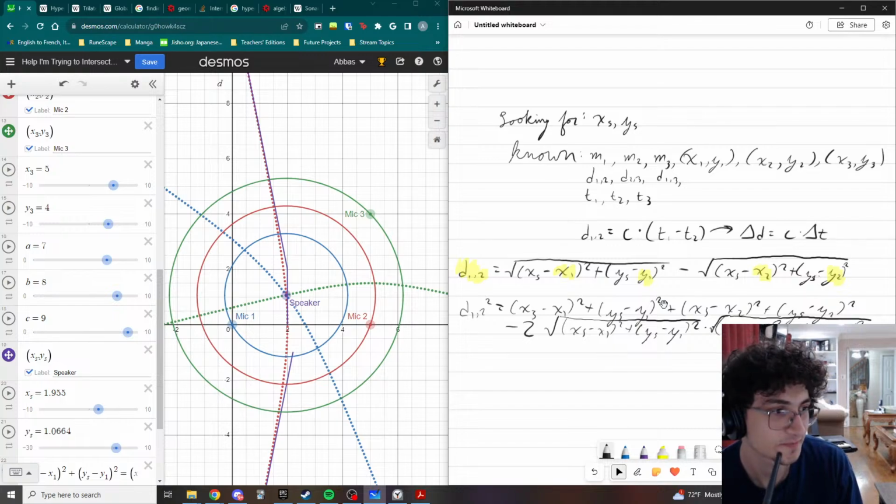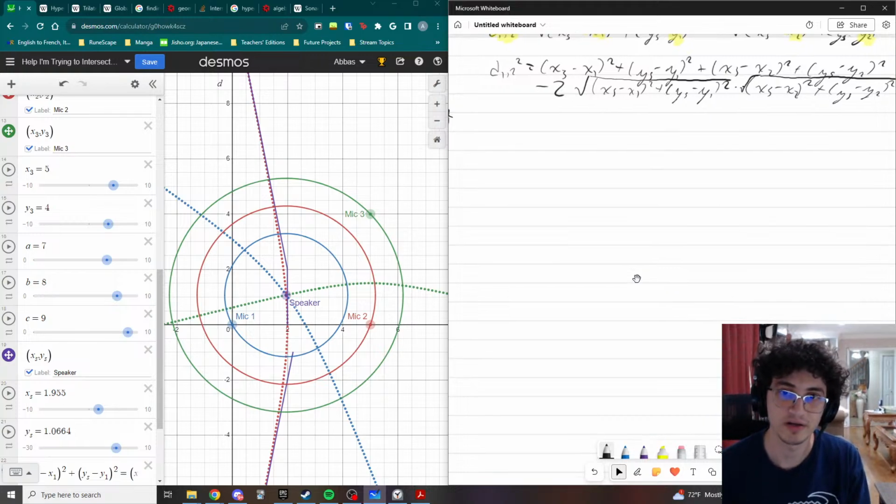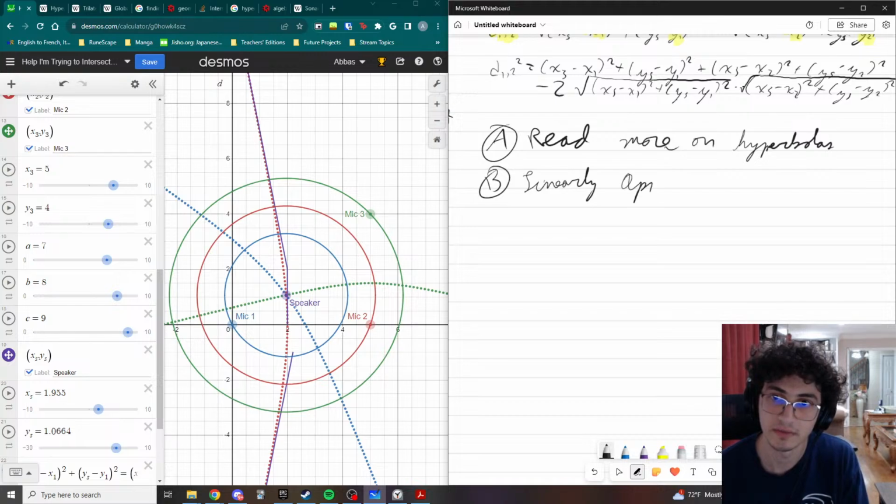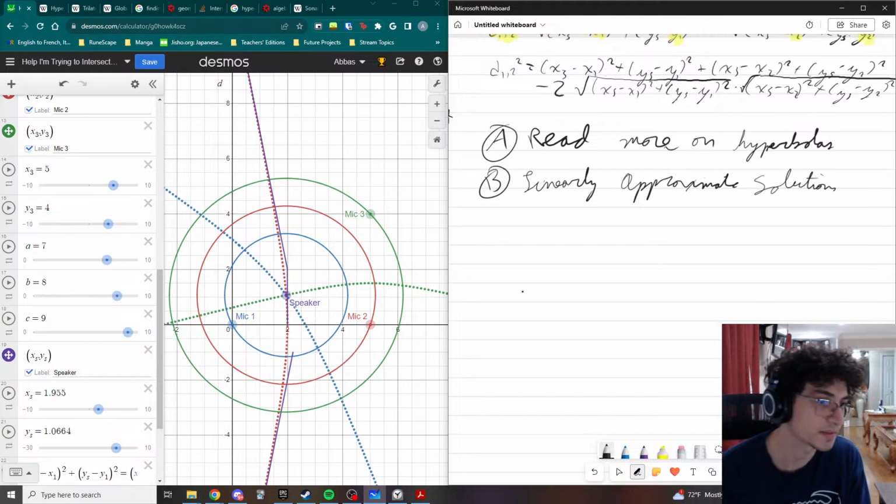The directions I can go in are either A, read more on hyperbolas, or B, linearly approximate solutions. Man, my handwriting is not good on these tablets.